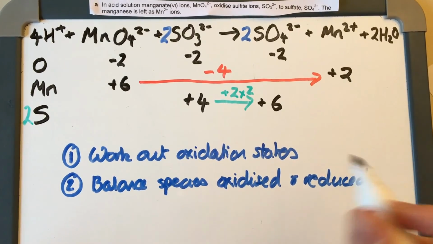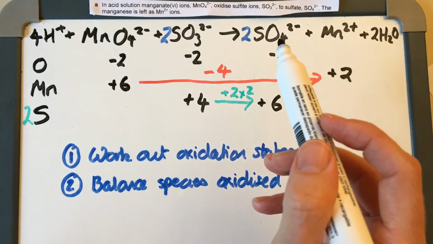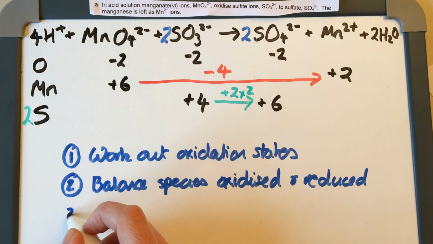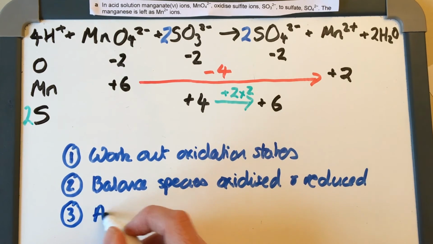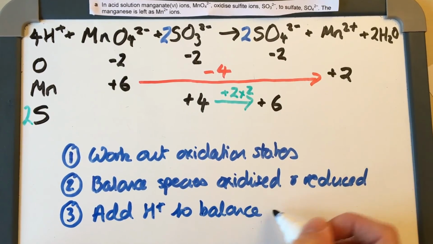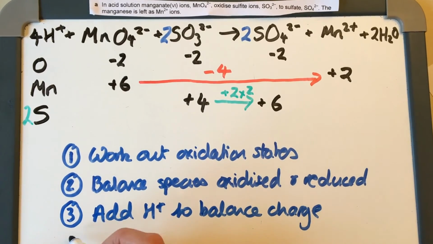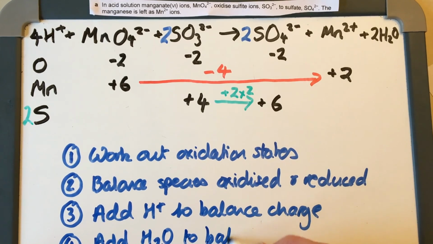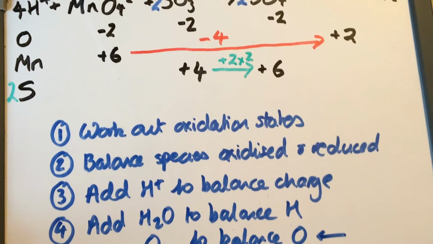So in this case, that was the manganate, sulfite, sulfate, and manganese. Then add H plus to balance the charge. And finally add water to balance the H, and oxygen to balance the O. This last stage here wasn't necessary.